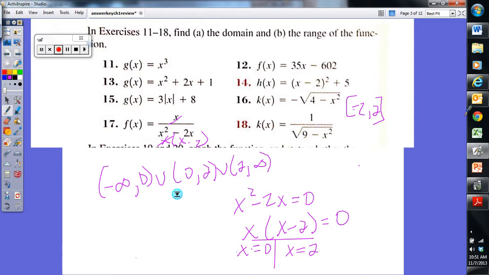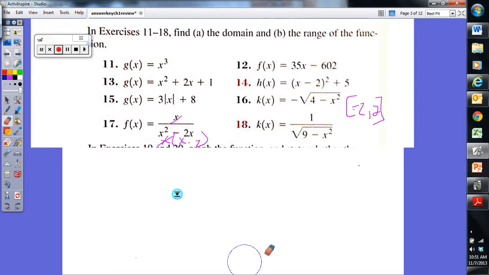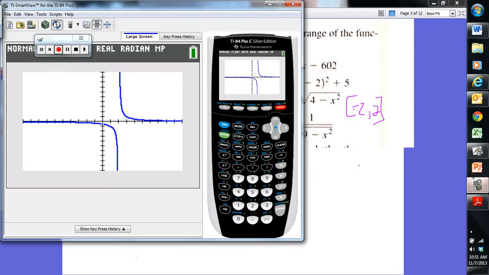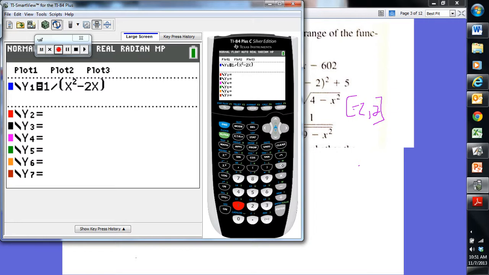And then for 18, it's the same as this one, number 16. It's going to be a little bit funky, so we're going to look at it on the graph. 1 over the square root of 9 minus x squared.